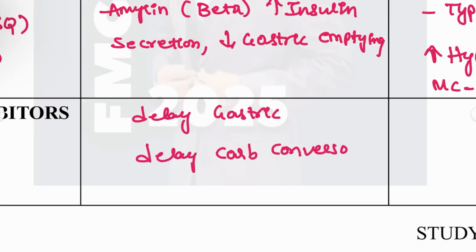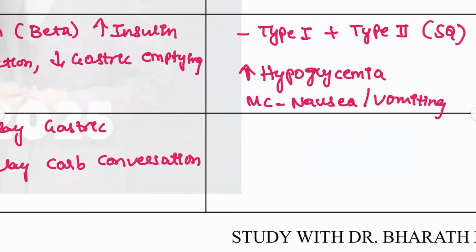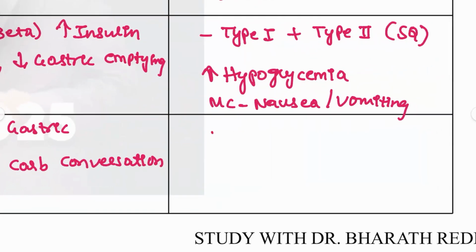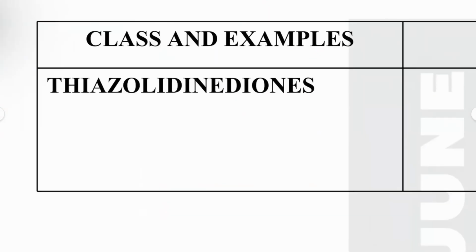So thus there will be less glucagon release, and glucose absorption is also decreased. But there is a high chance that the patient can have diarrhea and GI upset. Patients who are suffering from inflammatory bowel disease, these drugs are contraindicated. And as other side effects, the patient can have flatulence.